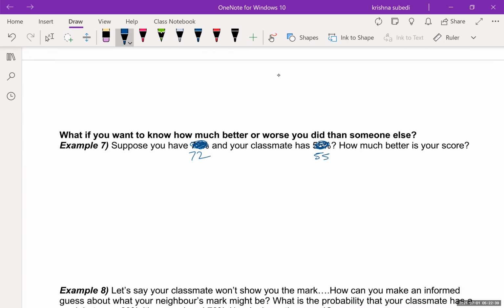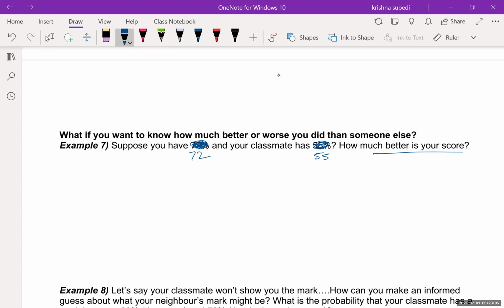Percentage or non-percentage? It may be percentage if the full mark of the test is 72, or let us consider simply 72. It doesn't matter, it's the same thing. How much better is your score in the context of this situation in that class? That's the question we want to find.